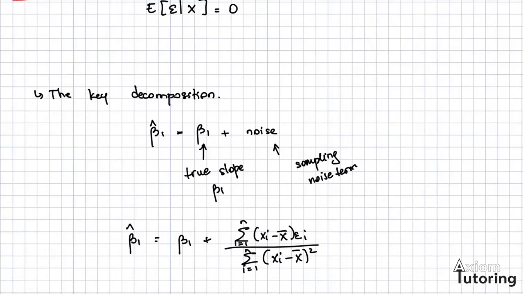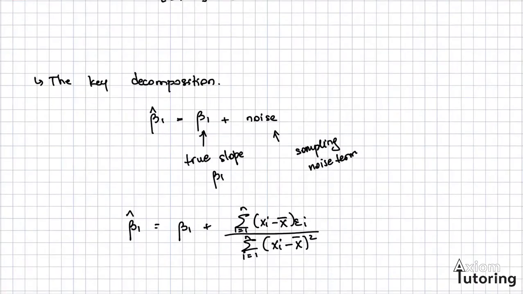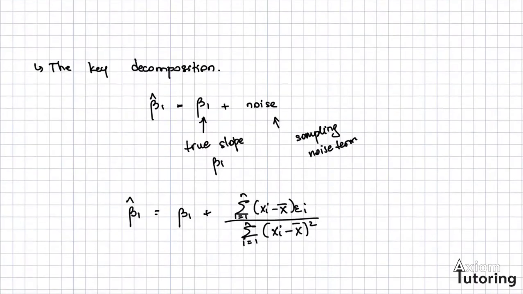So how do we actually show the unbiasedness if we are claiming that it's the true slope plus some sampling noise term? As in any other exercise where you are asked to show unbiasedness of something, you have to take the expectation on both sides. So what does that mean? You have to put this under expectation and this entire thing under expectation.